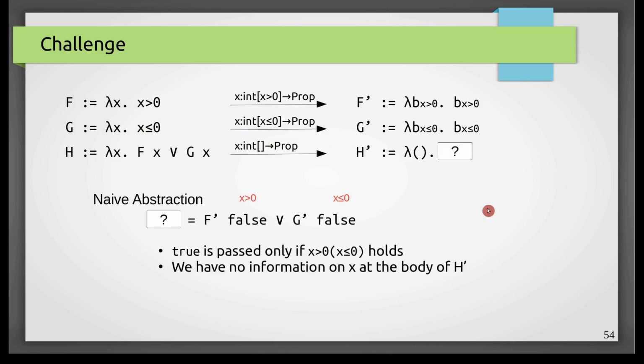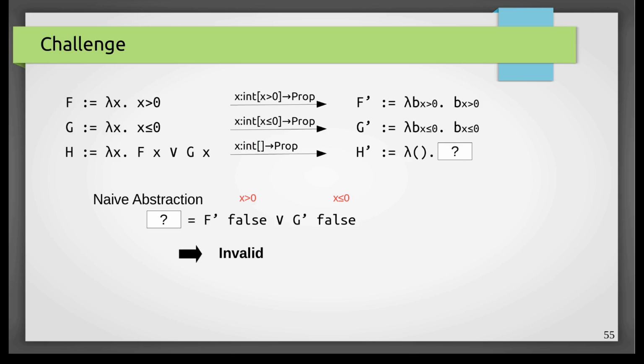If we abstract H in a negative way, we have this formula. That is because true can be passed only if predicates x greater than 0 or x no greater than 0 holds, but we have no information on x as the body of x since it has no predicates. As a result, the abstracted formula is invalid, while the original formula H of x is valid.